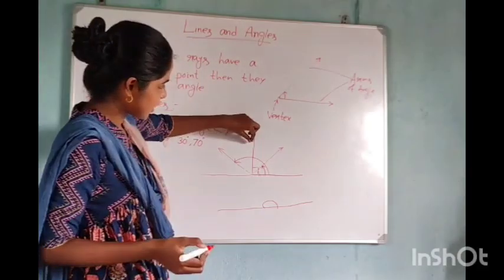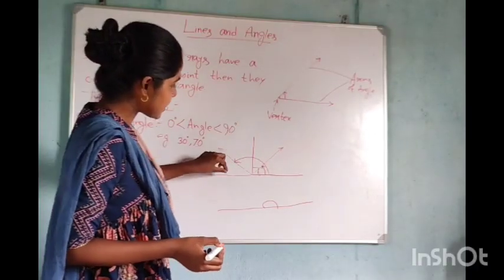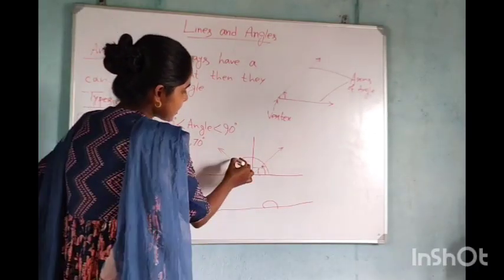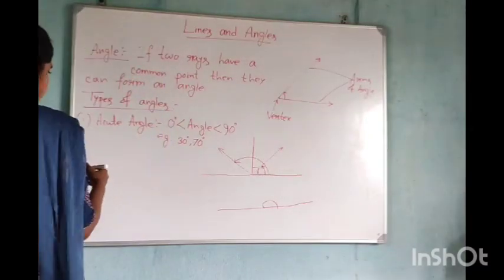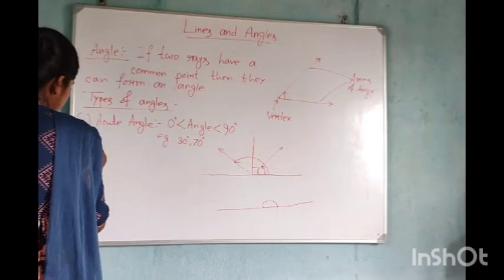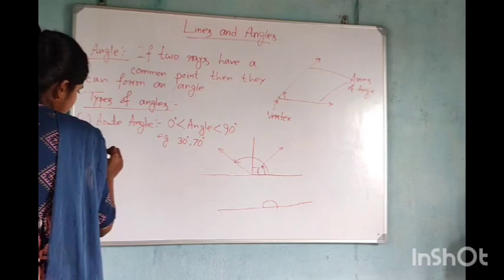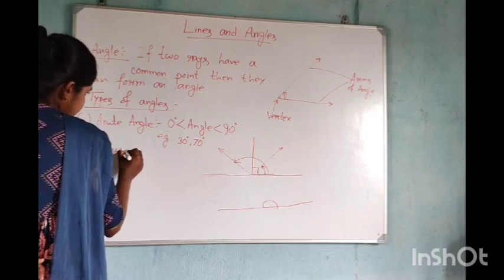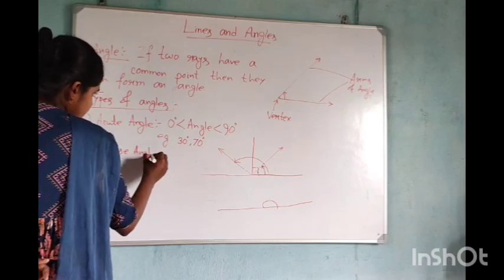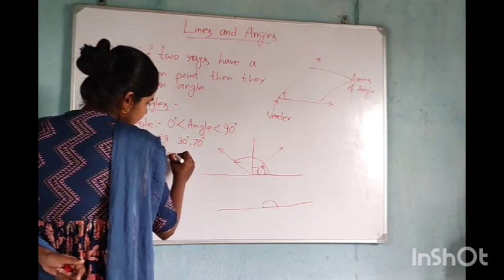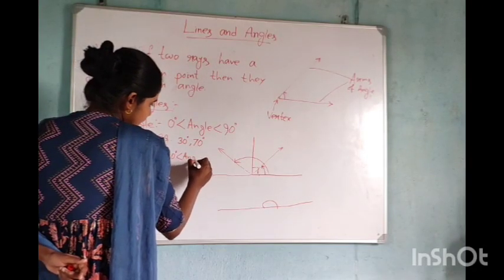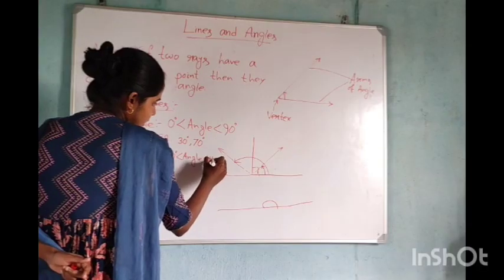So if the angle is greater than 90 degree and less than 180 degree, then this type of angle is called an obtuse angle. Obtuse angle means the angle is greater than 90 degree and less than 180 degree.